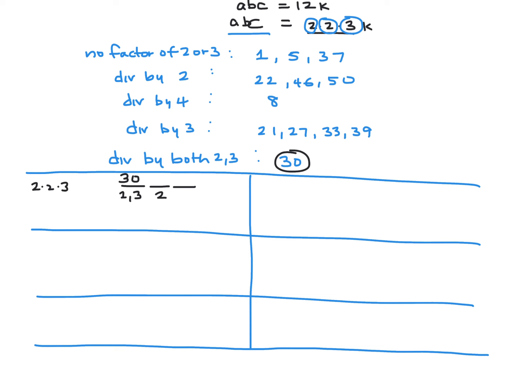So numbers that give a factor of 2 are the 22, let me just write it down here, 22, the 46, the 50, and the 8. So for this guy here, that's 4 possibilities.